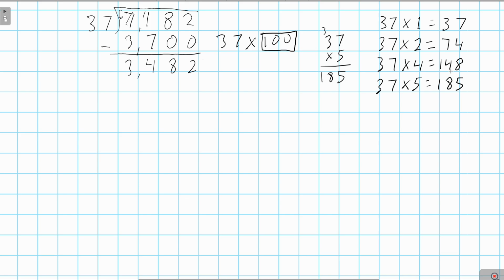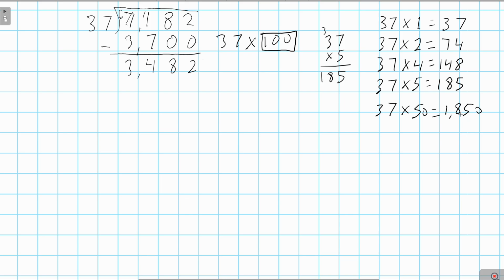Okay, so I see here that the next number I have here is 3,482. Okay, so I know that 37 times 5 is 185. So that means that 37 times 50 is going to be 1,850.